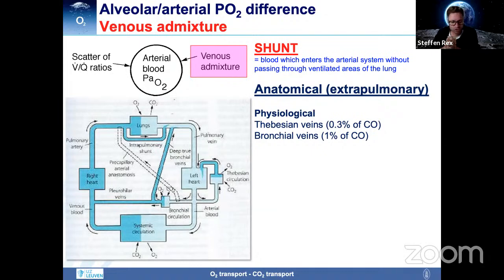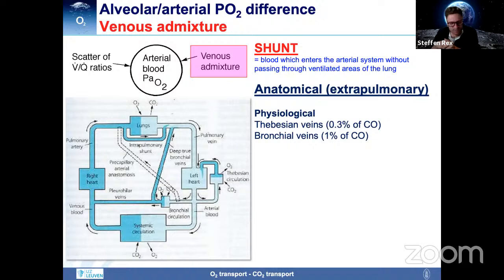These are coronary veins that do not connect to the coronary sinus, but perforate the endocardium and get access directly to the lumen of the left ventricle. So this is just a shortcut.